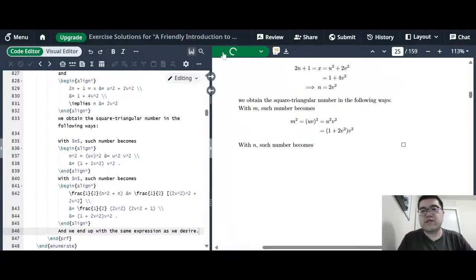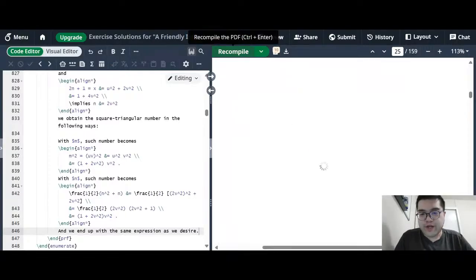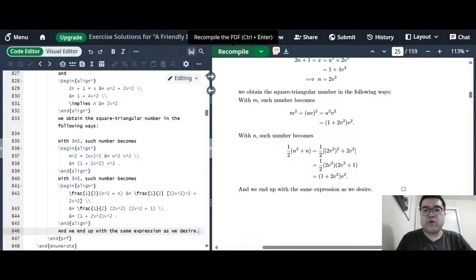So here is the formal proof, and actually the complete proof here. Because after we do the substitution, we should expect these two will end up with the same results, so that we get the same number to show that this result is in fact a square and a triangular number at the same time. And this is what we need to do, and we did it, and therefore we get what we want.